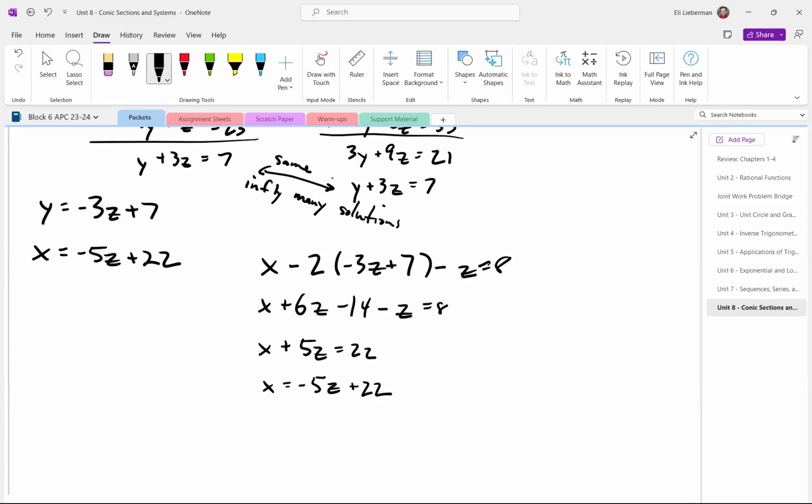So what kind of notation am I going to use to write the solution here? The braces.